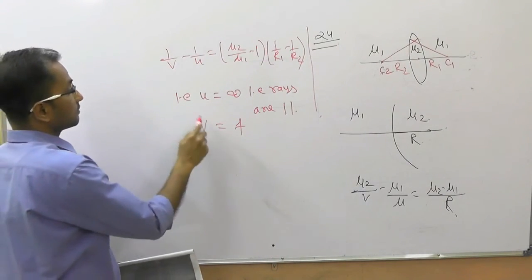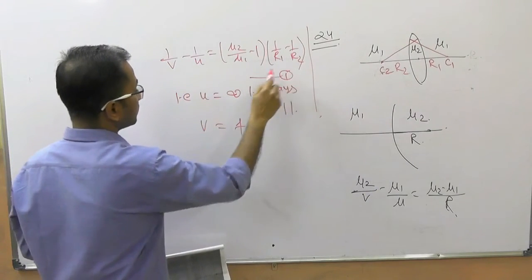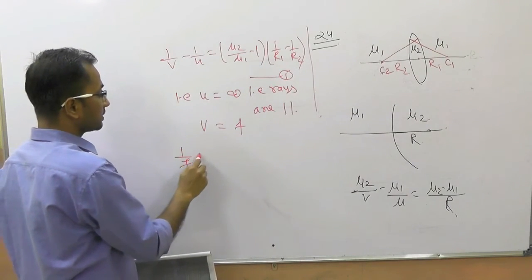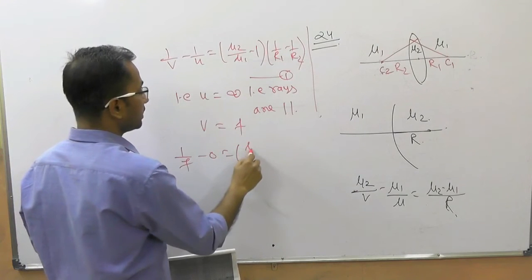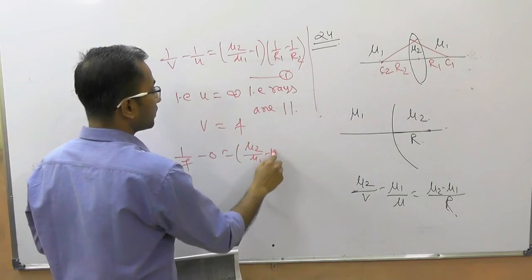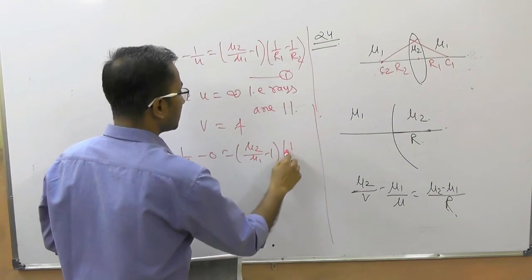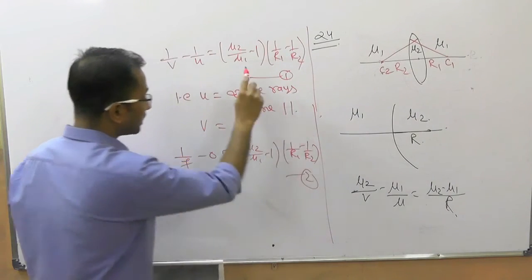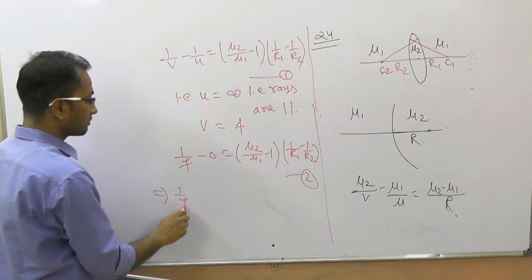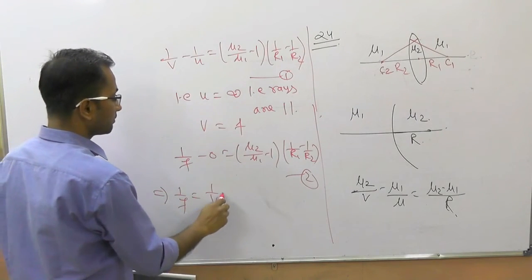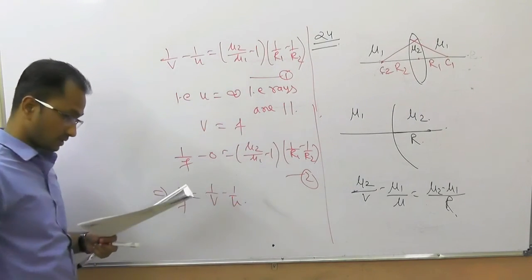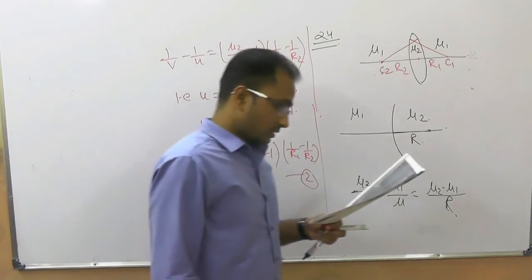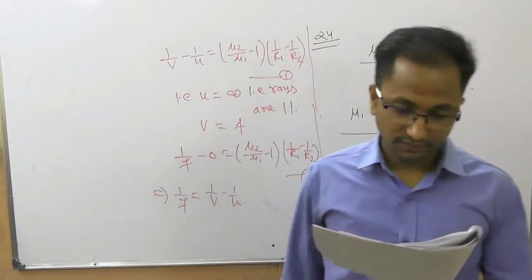So you can put it in the equation: 1 by f equals (mu2 by mu1 minus 1) times (1 by R1 minus 1 by R2). So from equations 1 and 2 we can write 1 by f equals 1 by v minus 1 by u.